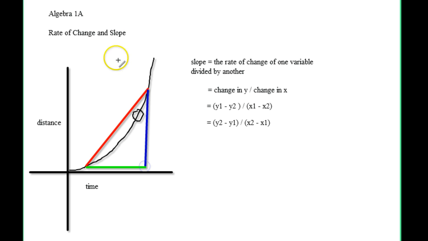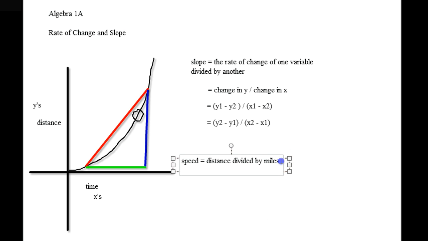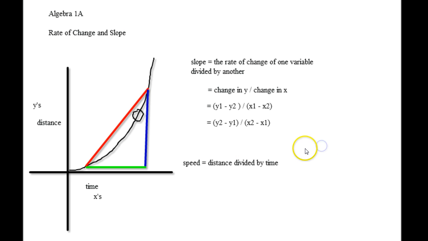If you look at this in terms of speed, speed on your odometer is measured as distance divided by time, which makes sense because your distance is your y-coordinate and your time is your x. So this is my x's. Okay? Not distance divided by miles. Distance is miles. Distance divided by time. I don't know why I wrote down miles. That was weird. So this slope right here is just finding that.